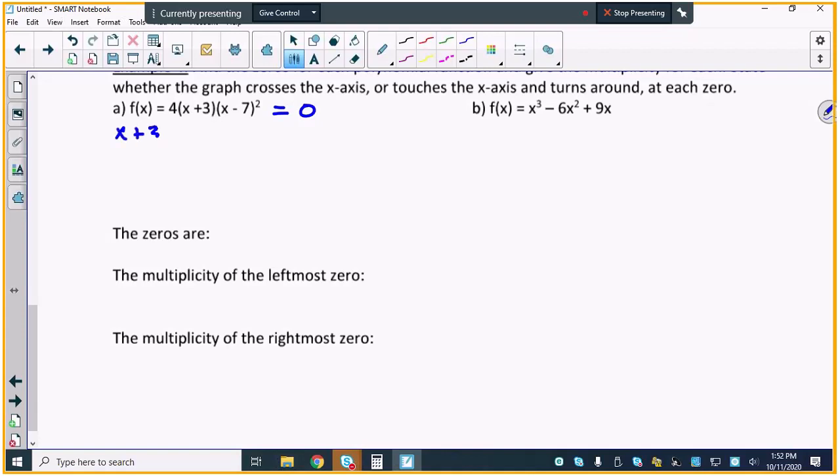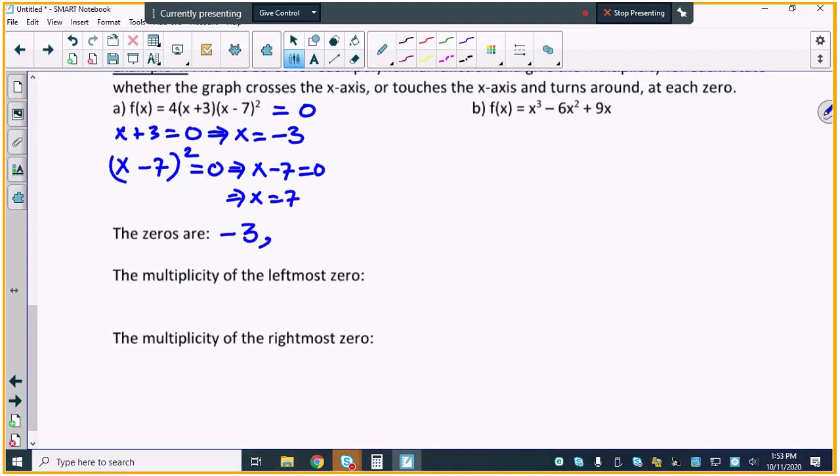So either x plus 3 is equal to 0, which means x is equal to negative 3 is one of your solutions. The other one is x minus 7 to the power 2 equal to 0, which implies x minus 7 is equal to 0, which implies x equal to 7. So the zeros are negative 3 and 7.